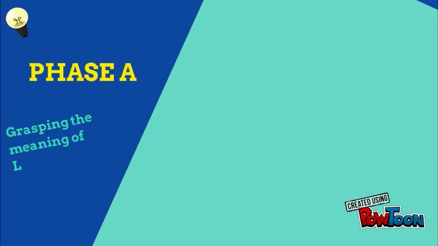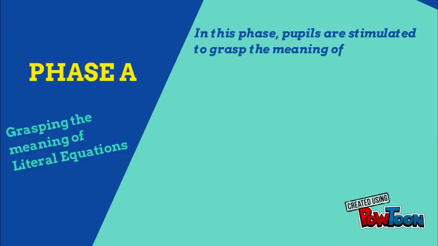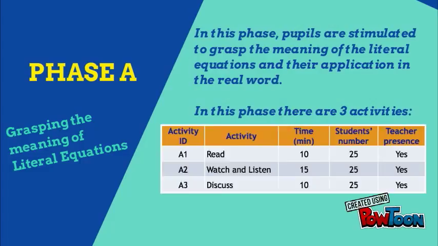Phase A, grasping the meaning of literal equations. In this phase, pupils are stimulated to grasp the meaning of the literal equations and their application in the real world. In this phase there are 3 activities.